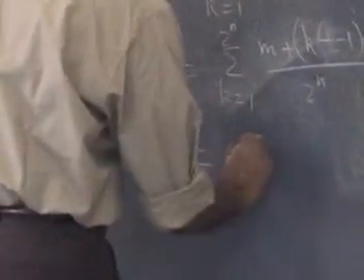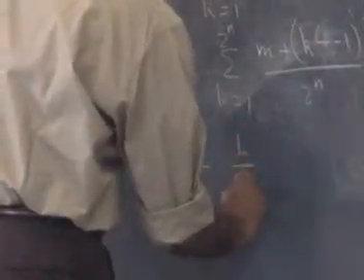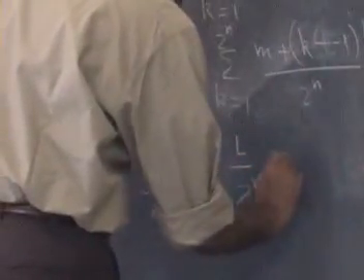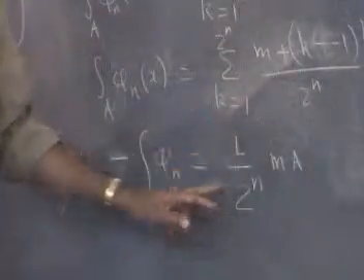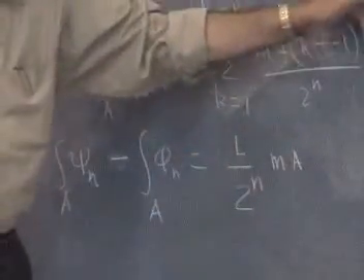It is L by 2 to the power of n times the measure of A, because the difference is L by 2 to the power of n times the sum of the measures of A_kn.